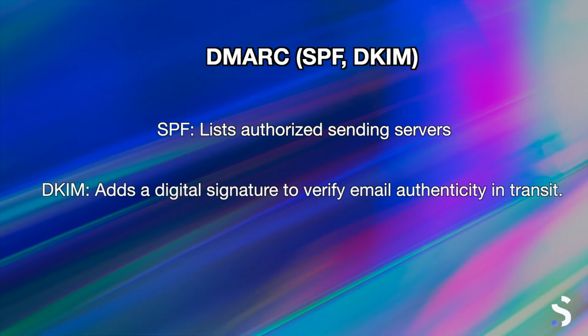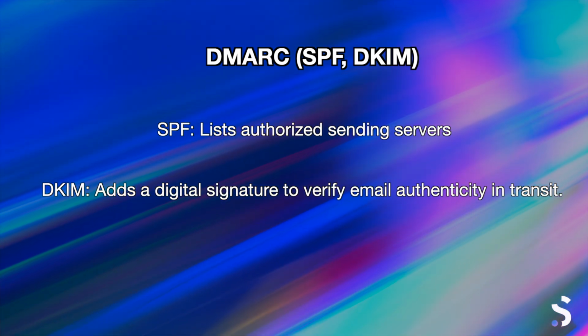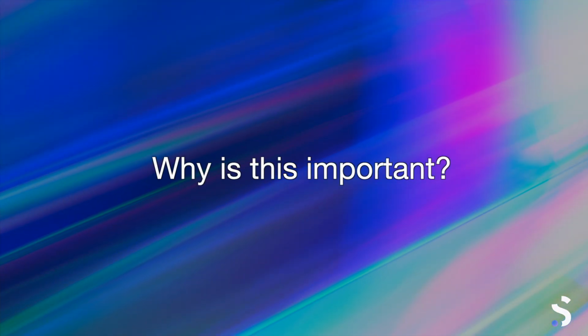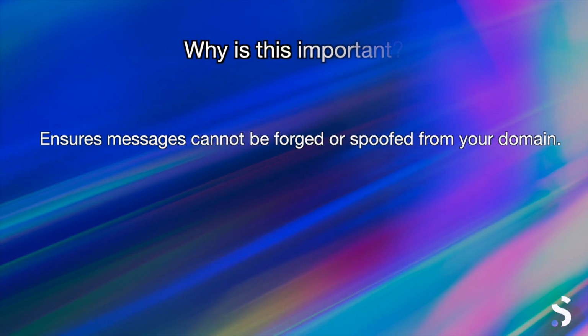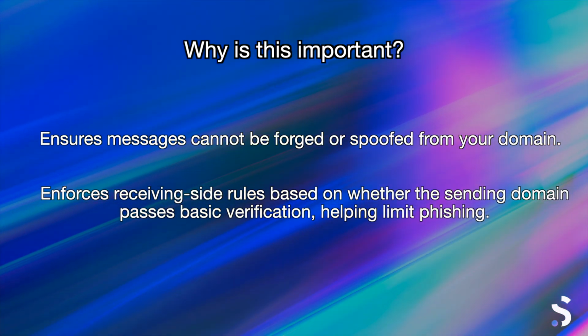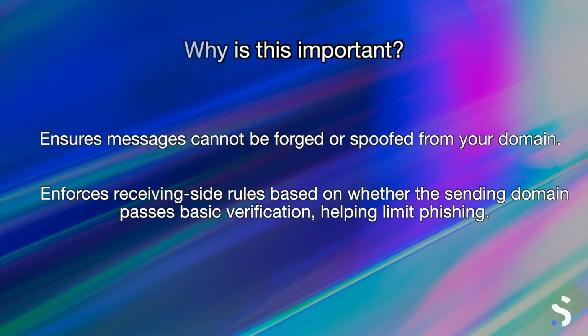DKIM adds an additional cryptographic signature that verifies messages have not been tampered with in transit. Together with SPF, these controls prevent domain spoofing, reduce impersonation attacks, and allow receiving mail servers to enforce strict validation rules. This significantly limits phishing and spam campaigns that attempt to abuse your brand and domain reputation.